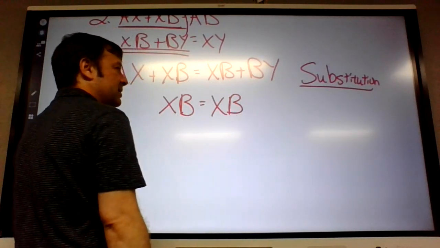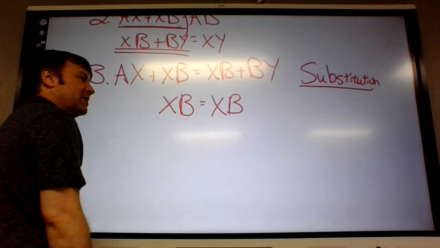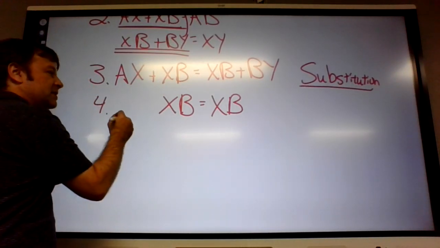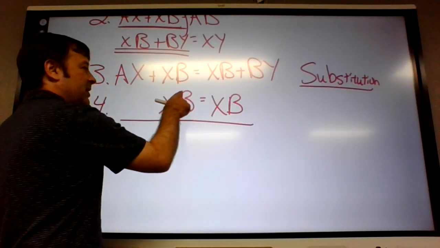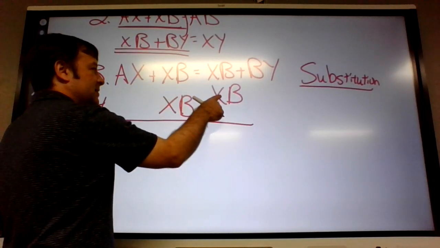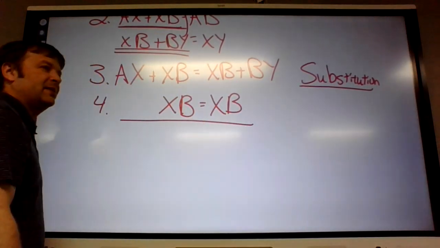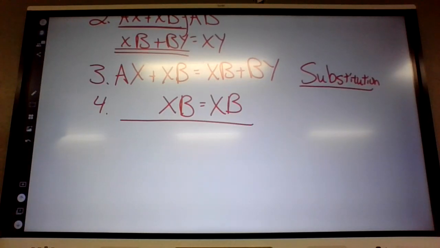But reflexive property is when you show something equal to itself. The reason they wrote this is because they're preparing to subtract this value from both sides of the equation. So it's kind of like they're showing their work that they're about to eliminate the XB from both sides of the equation.